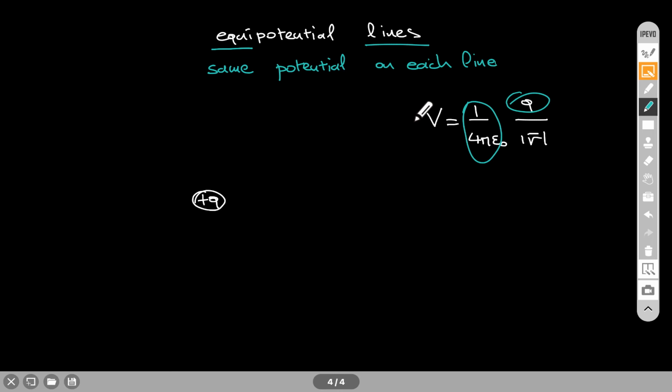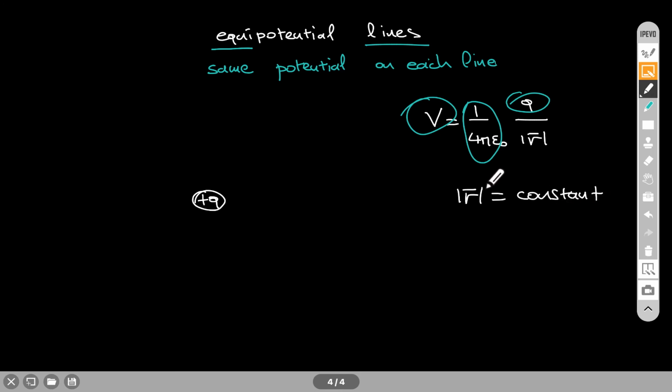If I want to find the equipotential lines for a single point charge, then by definition I need to keep the same potential on each line, which means that V needs to be the same. So if everything else is constant, what you're left with is that the distance R needs to be a constant.